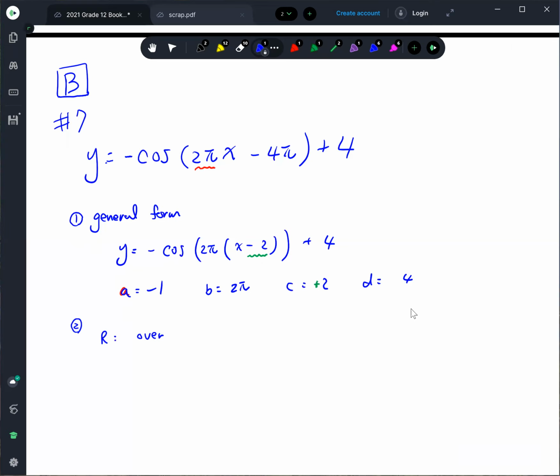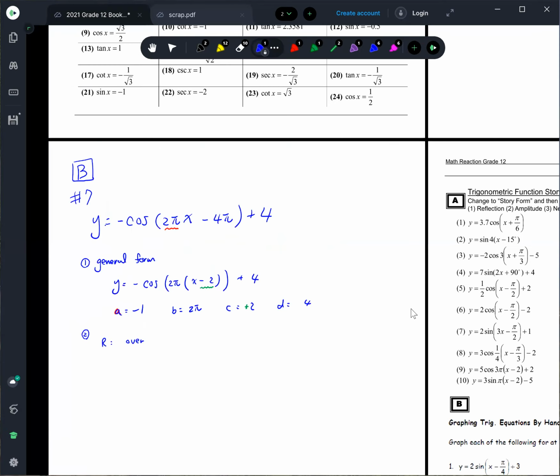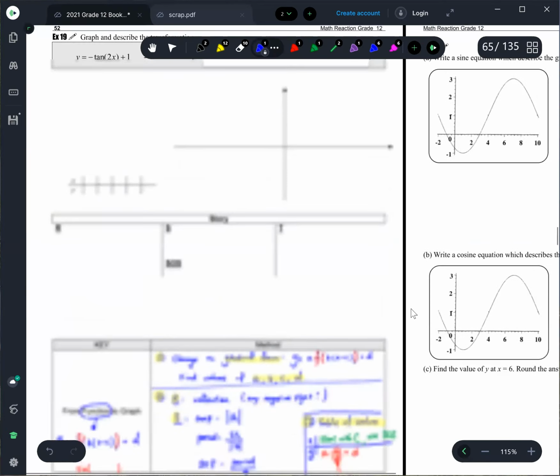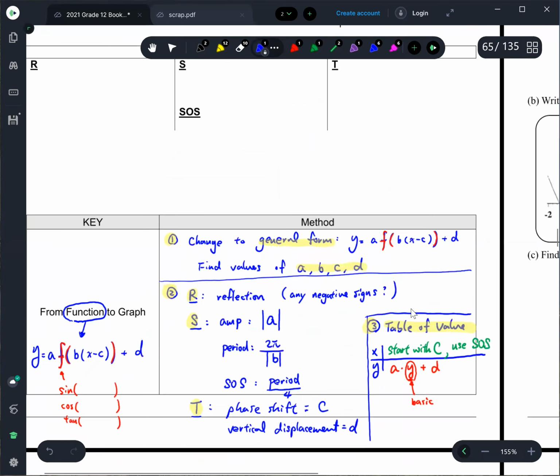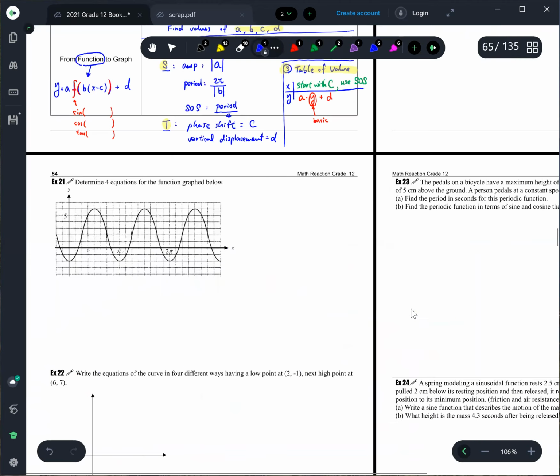If A is negative, it should be reflect over x-axis. Oh, okay, x-axis. Yeah, so when would it be reflected over y-axis? When B is negative. Yeah, okay. So if you feel you're gonna mix it up, make sure you write it down in your summary box. Okay, reflection. So either A negative or B negative. Okay, it will reflect differently.